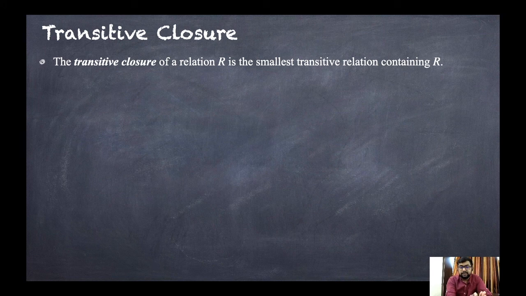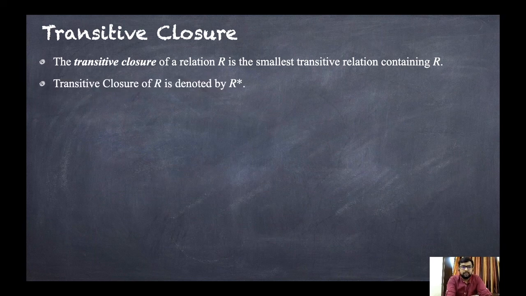If A is related to B, and B is related to C, then A has to be related to C. Then we can say that the given relation is a transitive relation. Here it has to be a relation first, and then the transitive closure has to be the smallest transitive relation containing the given relation.